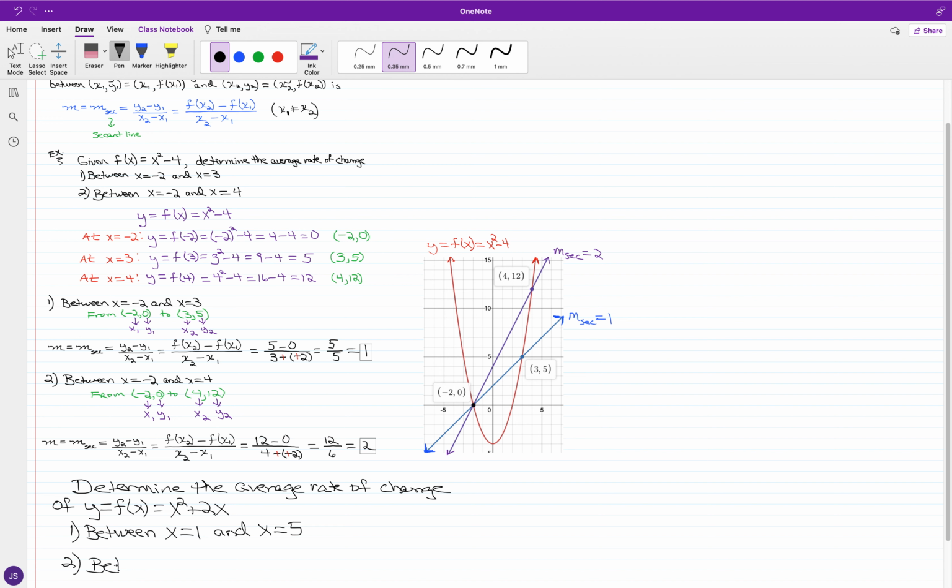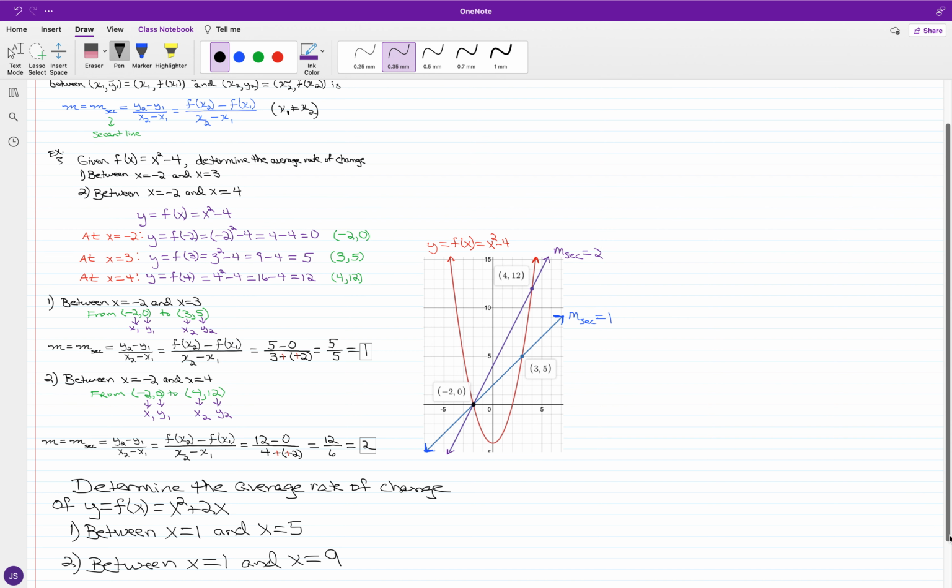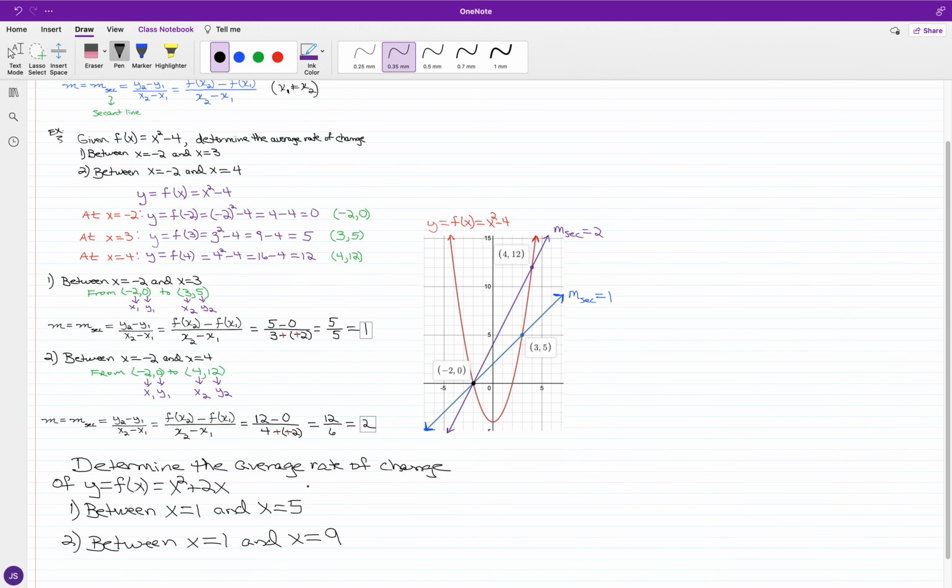In the second case, this time we'll go between x equals 1 and x equals 9. For the next few moments, let's see what the average rates of change will be for f of x equals x squared plus 2x in the first instance between x equals 1 and x equals 5, and in the second instance between x equals 1 and x equals 9.